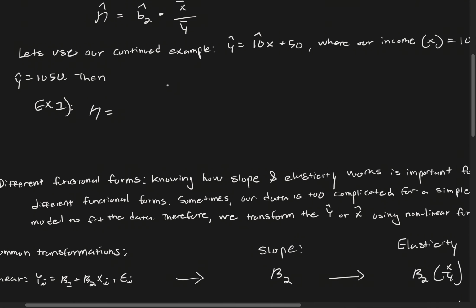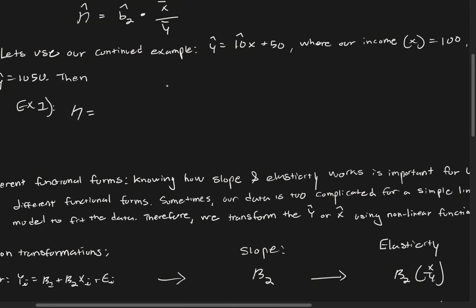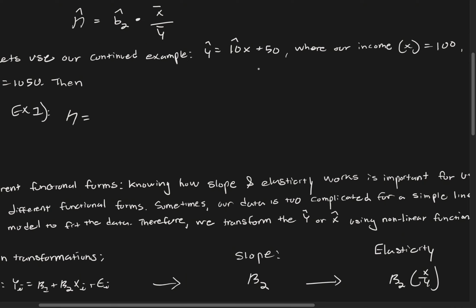And so using our continued example of income and food expenditure, where the slope is 10 and then our intercept is 50. Just in case you're wondering where this 50 comes from, obviously it's not going to come from our income, so you can kind of assume this 50 comes from the government or just spare money that we have outside of our salary.